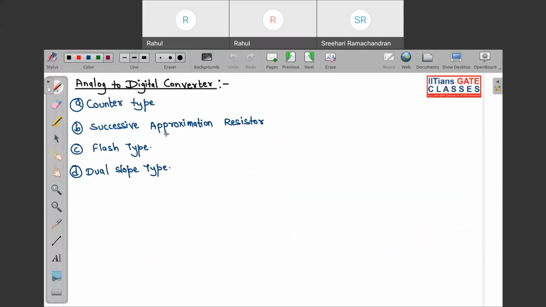Okay, next we have the analog to digital converter. Here basically we have one analog input. For DAC, these two types were there earlier, right?